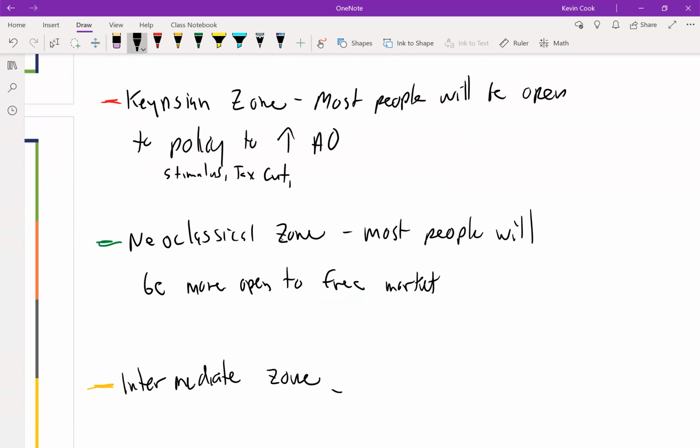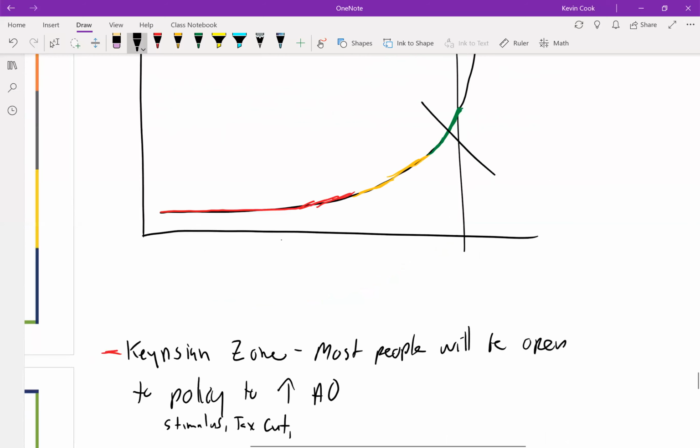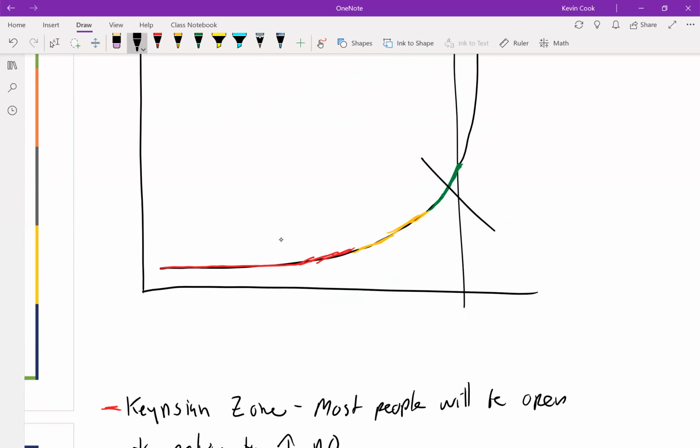So in this time, we want policy that promotes innovation, that way we can get this aggregate supply curve pushed out. But for the most part, what we see in the neoclassical zone is if I have a 98.6 temperature, I woke up today, I'm feeling great, everything's going great, I'm probably not going to call in sick.